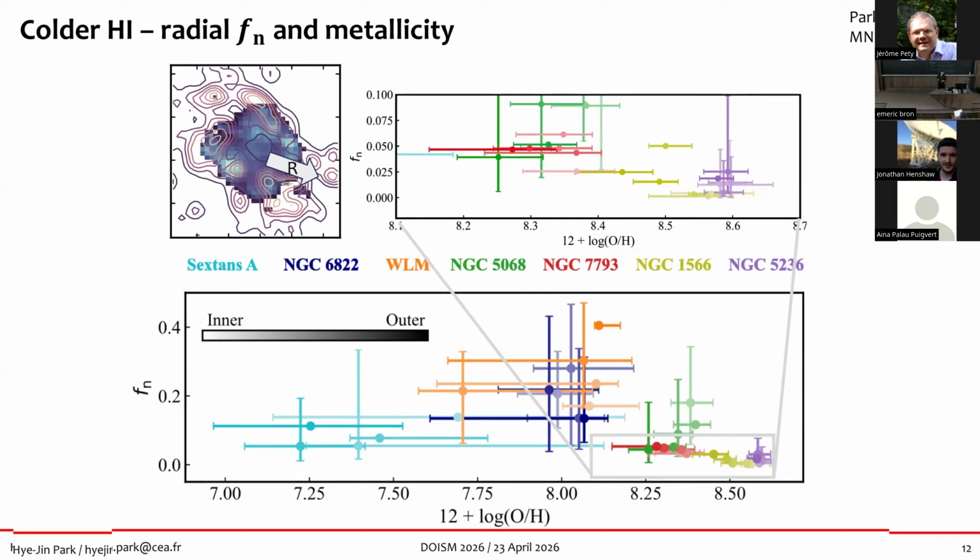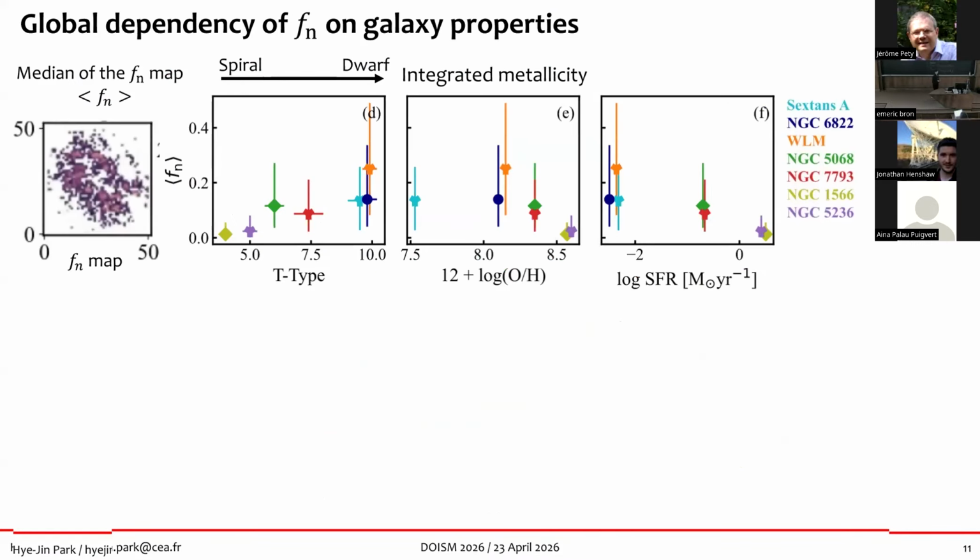And then we couldn't find any trend for the dwarf galaxies here, but for the spiral galaxy, if we zoom in, here we can see a higher narrow fraction for the outer region of the galaxy, and also the low metallicity region.